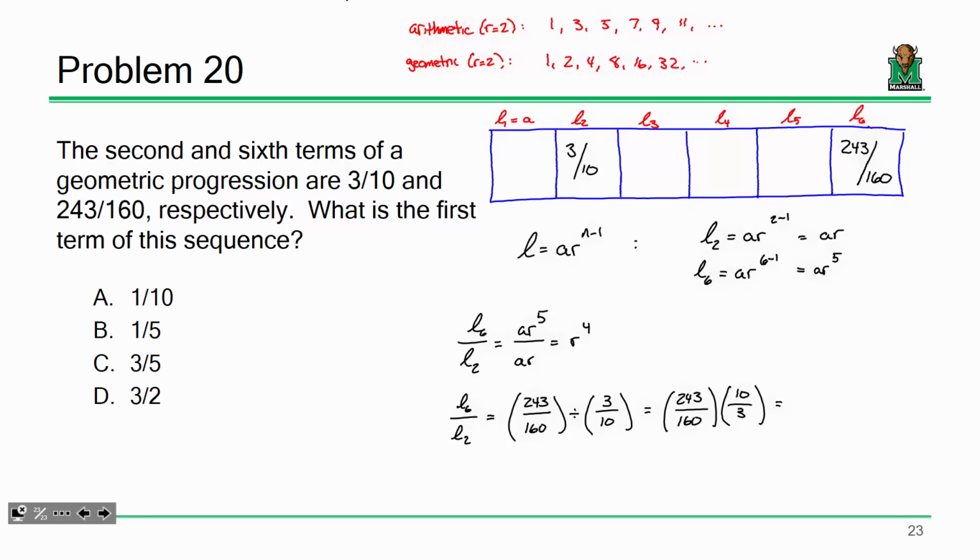So let's do some cancellation. Here, I get 16. Here, 81. So this is 81 over 16. So I propose that r to the fourth is 81 over 16. What's r then? It's 3/2.